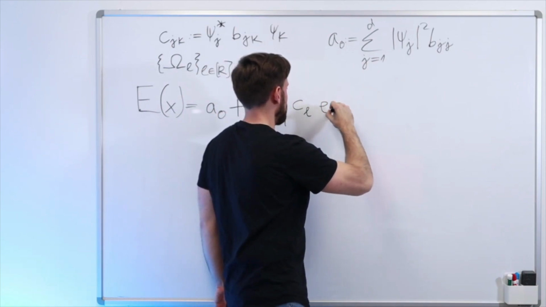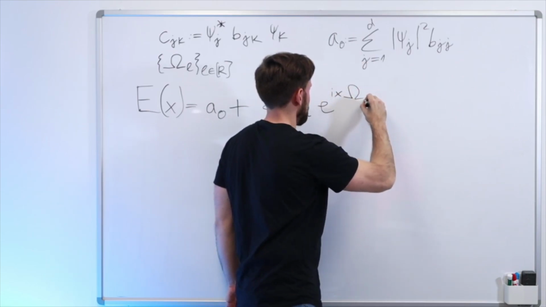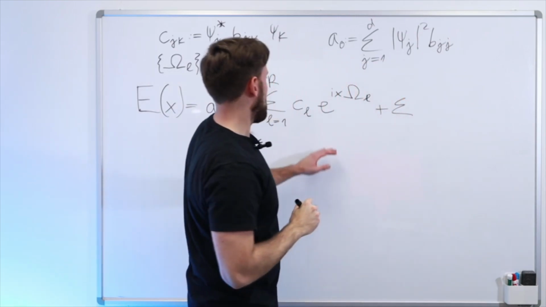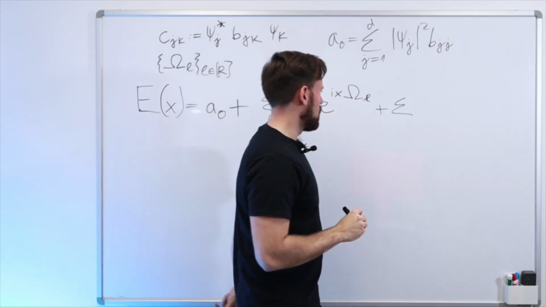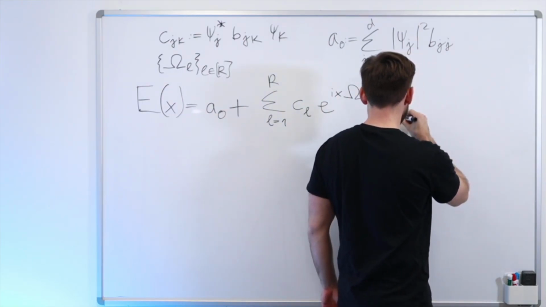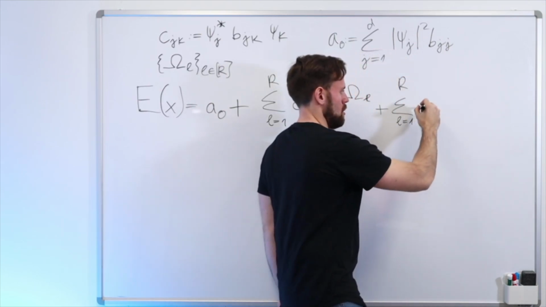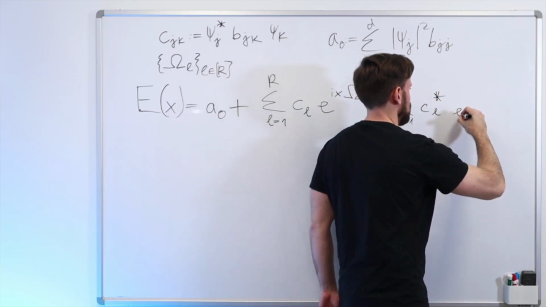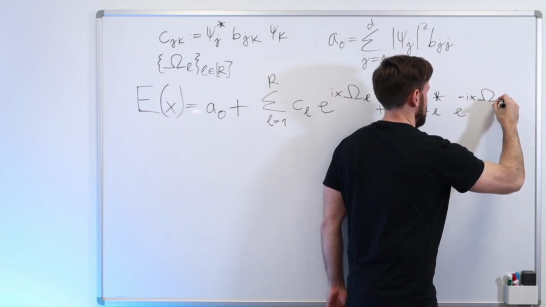We have the exponentiation term e to the power of ix omega L plus the remaining terms which have conjugated coefficients as well as a conjugation basically in the exponentiation term. So we will have another sum L equals 1 to R CL conjugate e to the power of minus ix omega L.